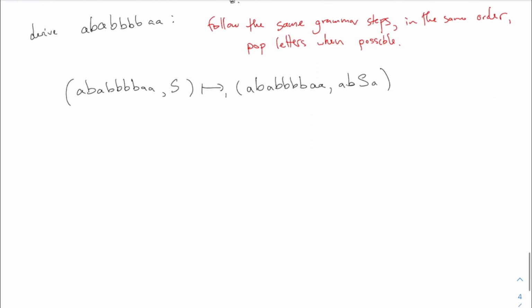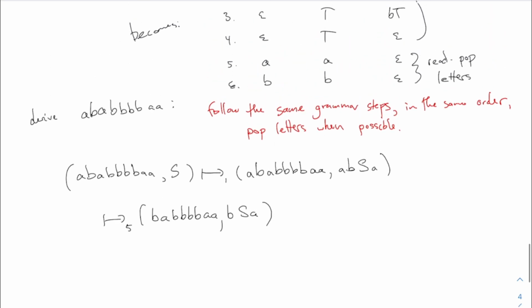So rule 5 will clear out the A at the beginning of the string and also clear out the A at the front of the stack, like so. And I can do another: read a B, pop a B. I have B at the beginning of the string and B at the beginning of the stack. So now I'm going to do rule number 6. This is another letter pop operation. It becomes now A, B, B, B, B, A, comma, S, A, like so.